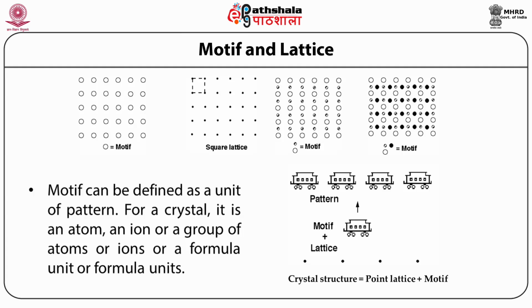If there is more than one formula unit present in a unit cell, and if all of them are identically oriented, then the unit cell would be non-primitive. However, there are several occasions when you may have more than one formula unit present in a unit cell, but still the unit cell is primitive.